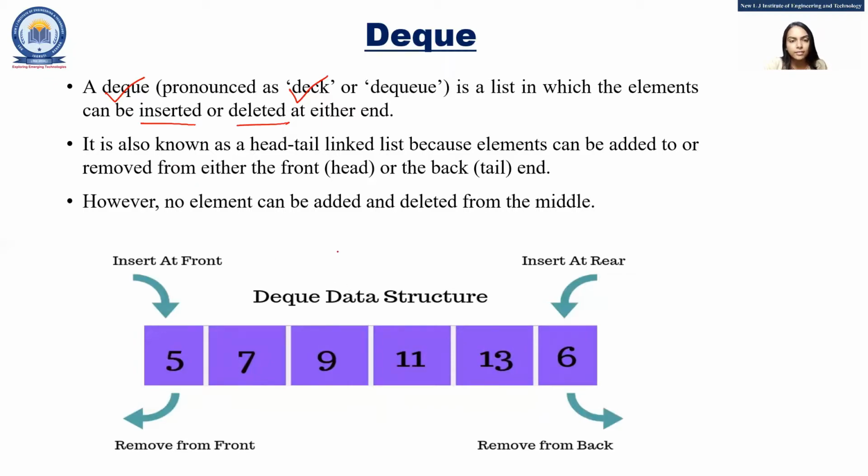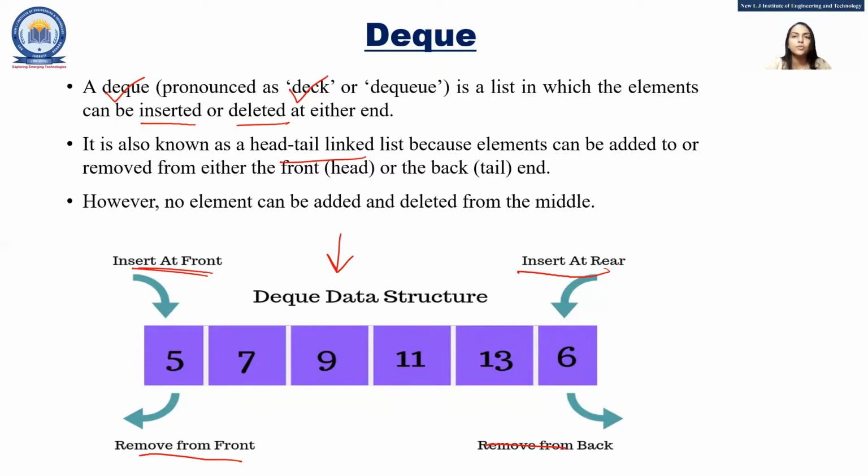Now, if you can see here, this is the DQ data structure wherein inserting is possible at the front and removal is possible from the front. Similarly, insertion is possible at rear and removal is also possible from the rear. So it is also known as head-tail linked list because elements can be added to and removed from front.